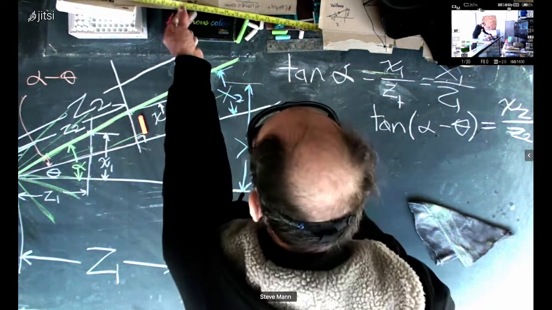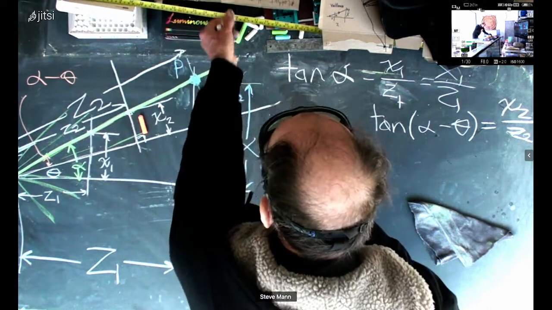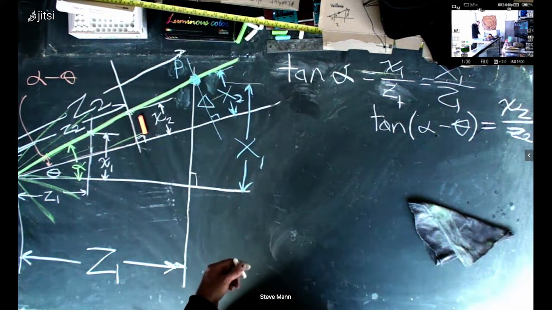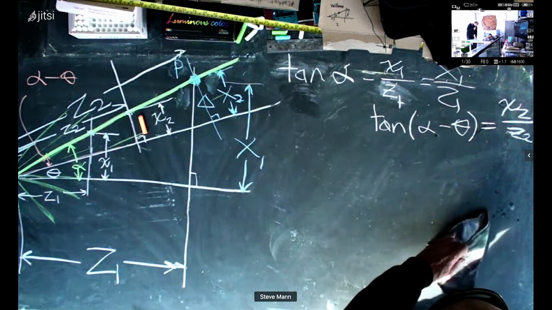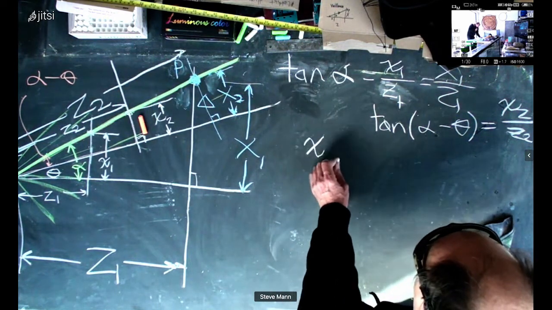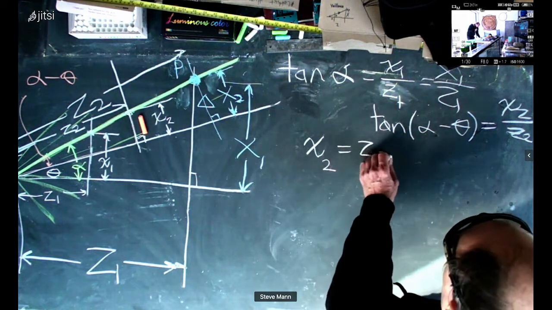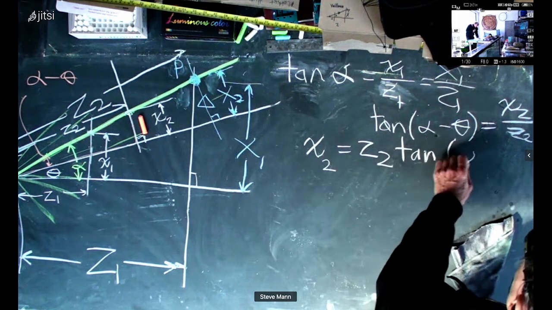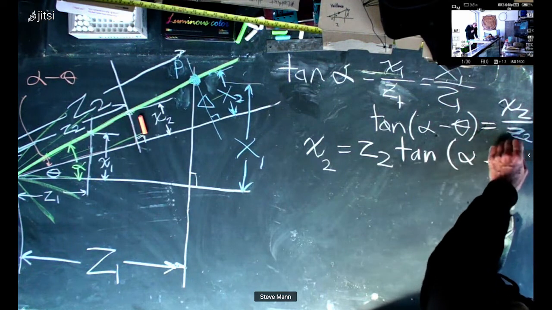So now what we really care about is the relationship between little x2 and little x1. And so we can write x2 equals z2 tan of alpha minus theta.